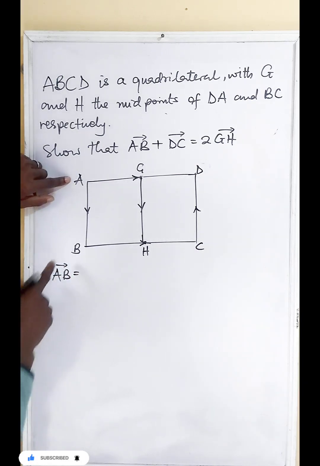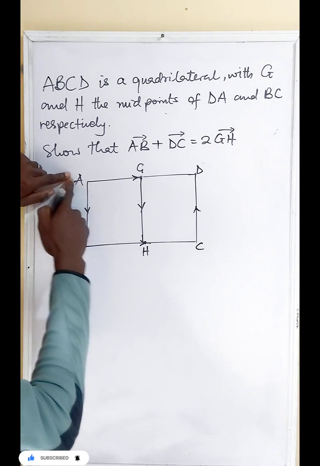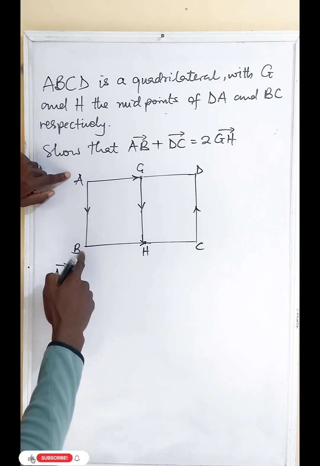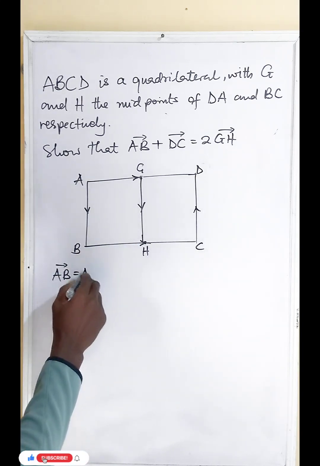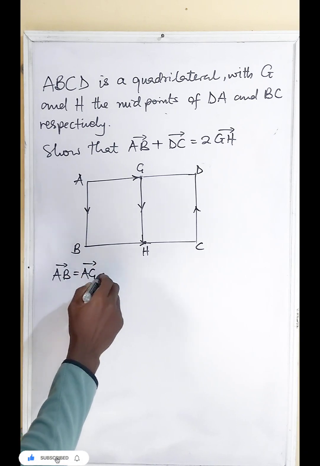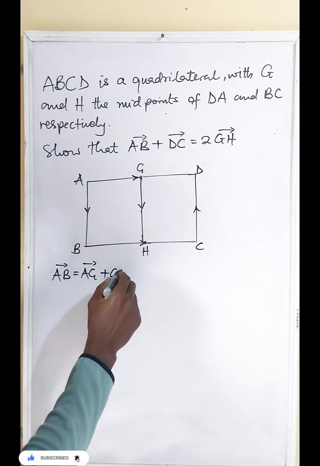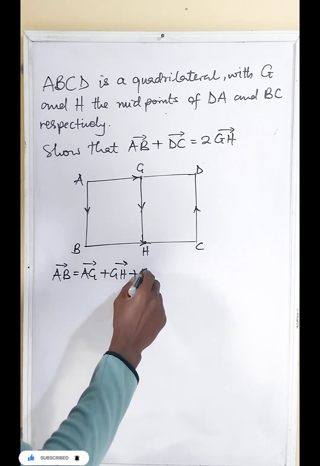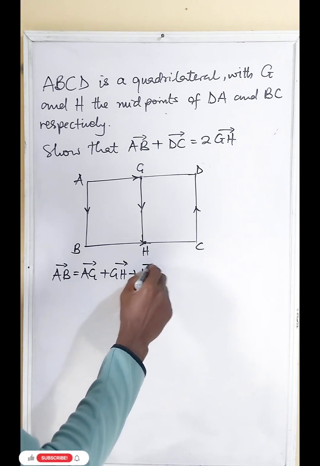For AB, you start from A and end at B, so you can travel from A to G, G to H, H to B. So here you have AG plus GH plus HB.